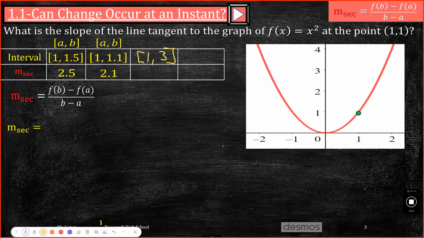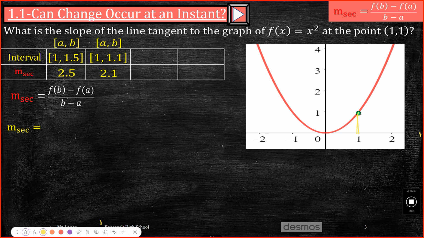We want to get closer and closer to this green line. Why would I want to go to 3? So what would be something closer to this one?